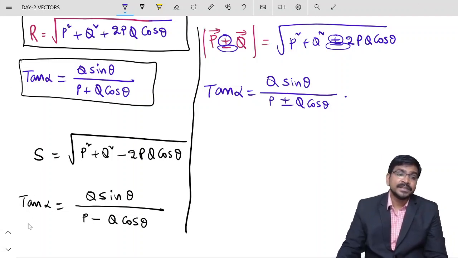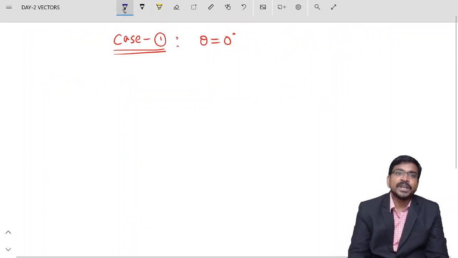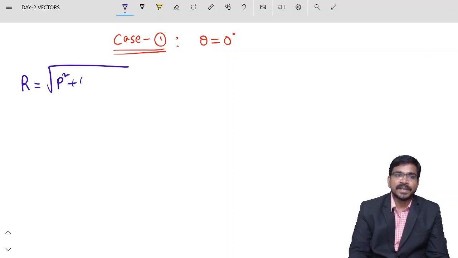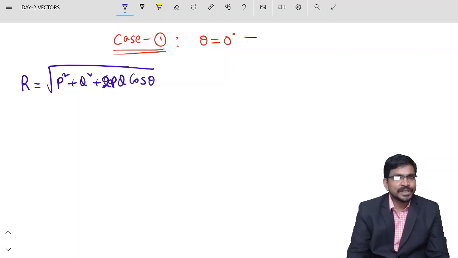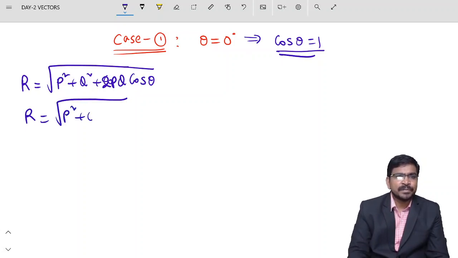And let us see sub cases, right? Case 1, if theta equal to 0, what will be the resultant magnitude? Square root of P square plus Q square plus 2PQ cos theta. If theta equal to 0, what is cos theta? Cos theta is 1. So now R equal to square root of P square plus Q square plus 2PQ.